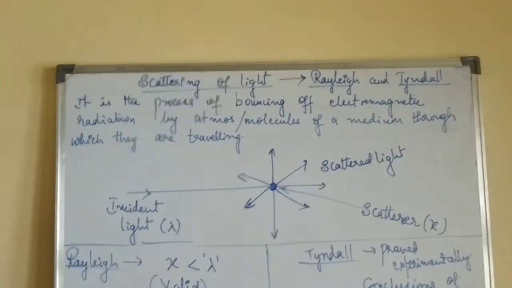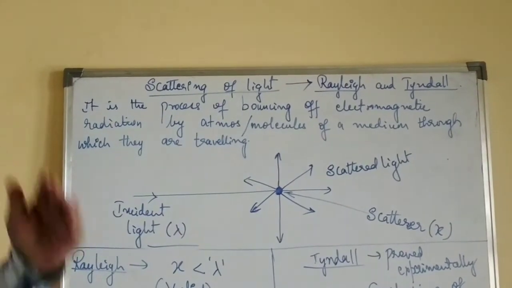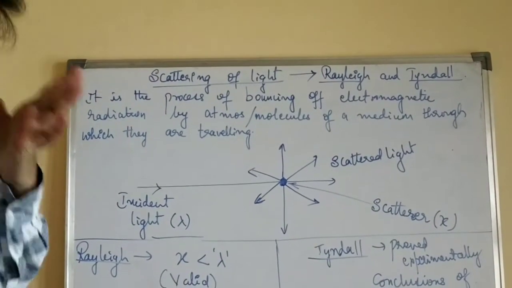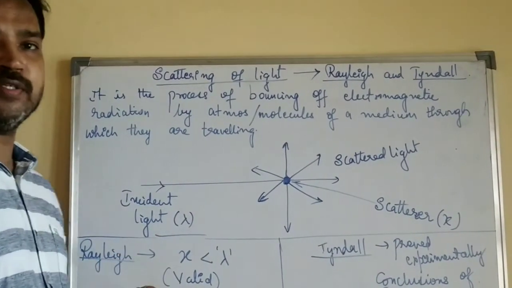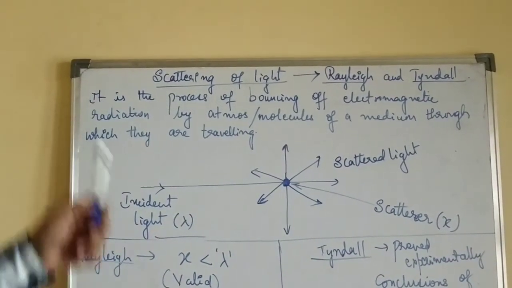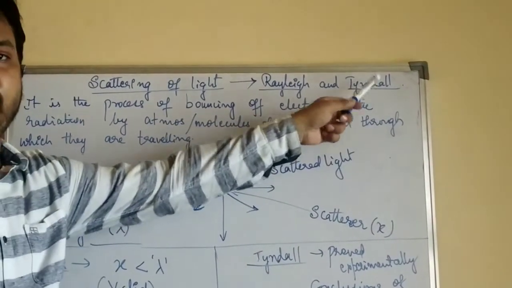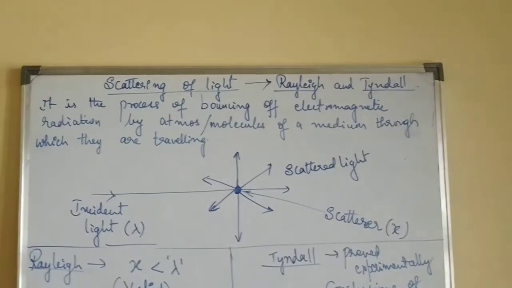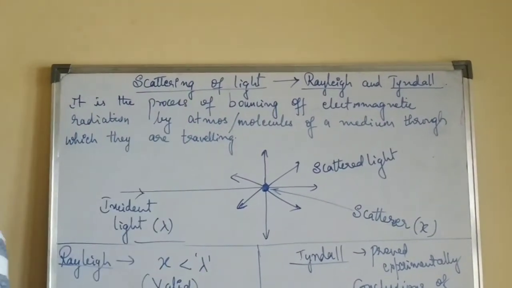Let us move to the next phenomenon, that is scattering of light. Now for the scattering of light phenomenon, two famous personalities have contributed. First are Rayleigh and Tyndall. You have already learned in 9th about the Tyndall effect. Now what is scattering of light?